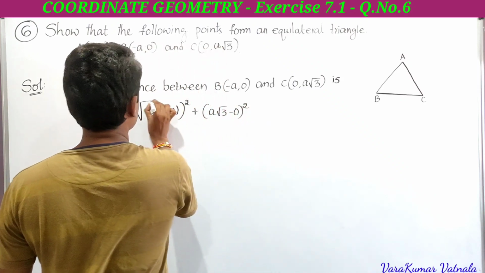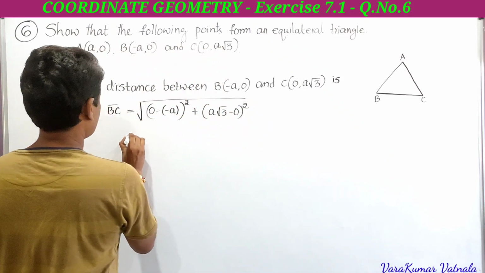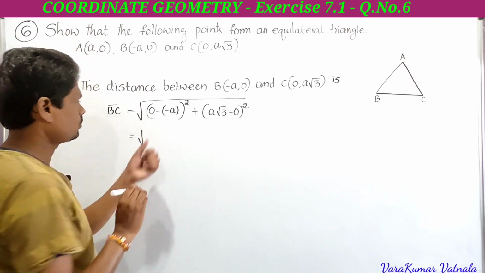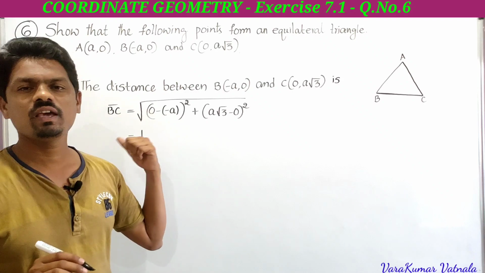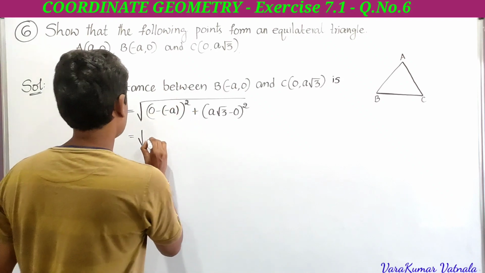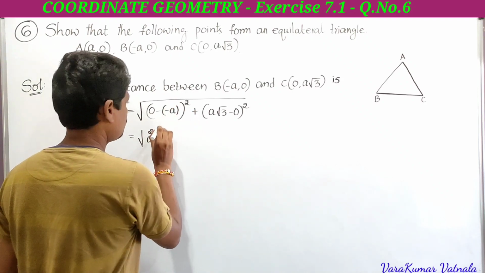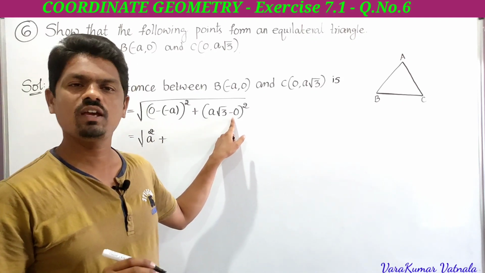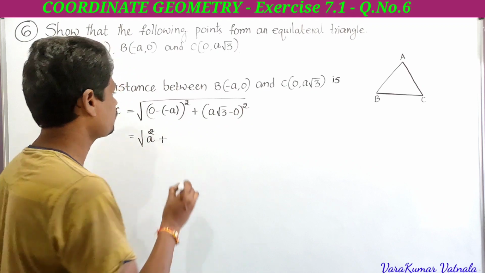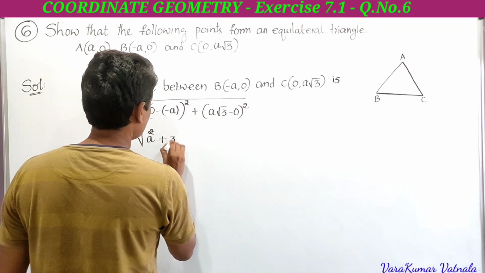Now just simplify. See here what we get. 0 plus a is a, whole square is a square, plus a root 3 whole square is 3a square.